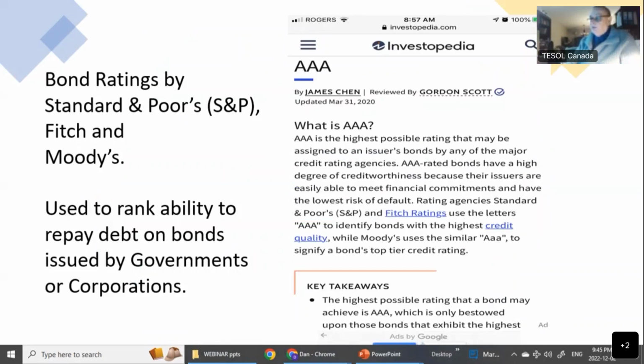And based on the bond rating, if a company or a government has a AAA bond rating, then it is very easy for them to borrow money because it means they have a very high credit rating. So this is like a credit ranking. If you have a AAA credit rating, that's the highest credit rating you can get. So Canada had a AAA credit rating for many years, the bond rating.